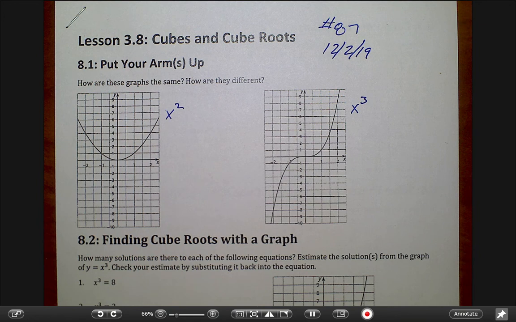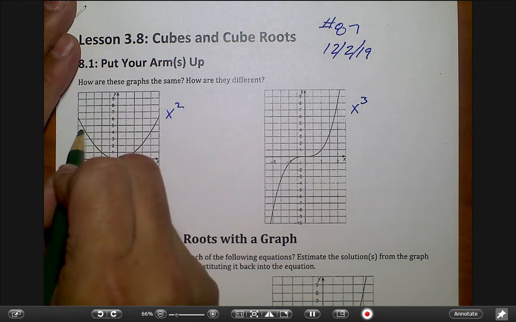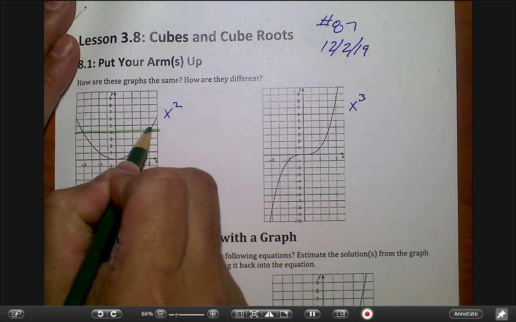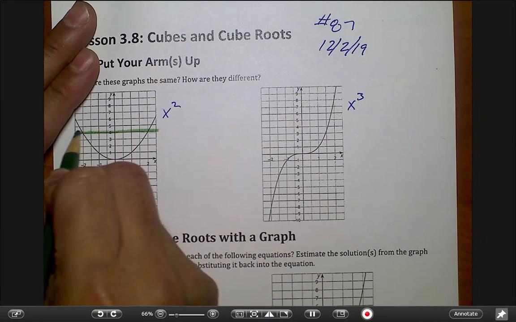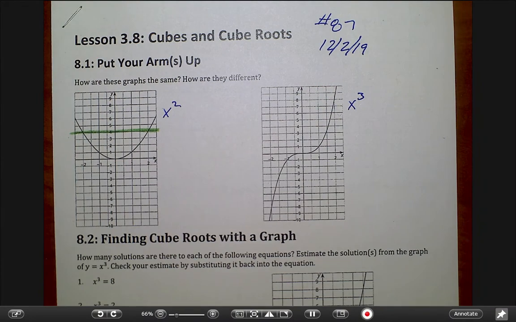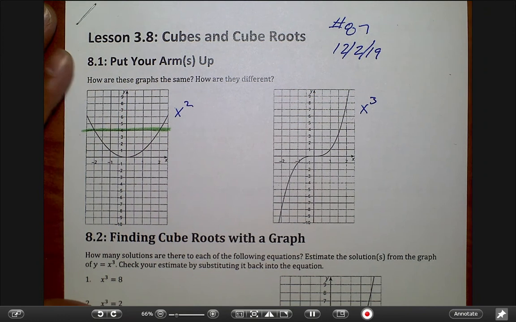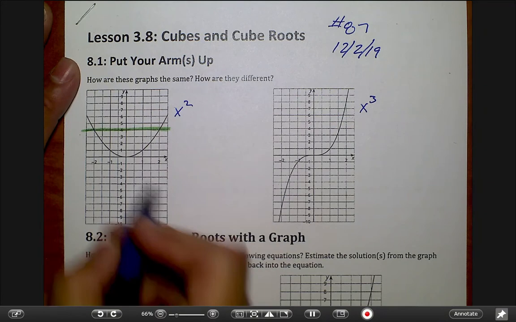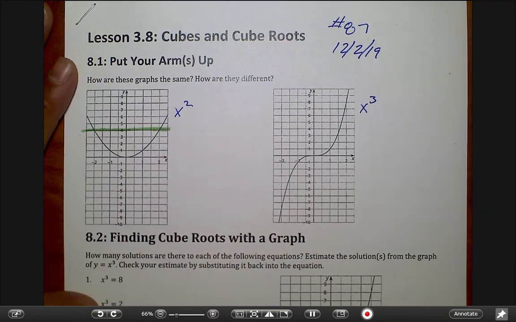All right, so watch this. I'll show you guys. Okay, right there. So given that line right there, that's 4. What do I know about that? It crosses, right?